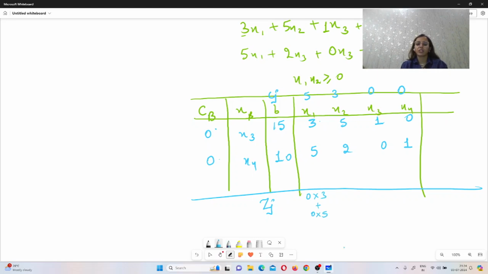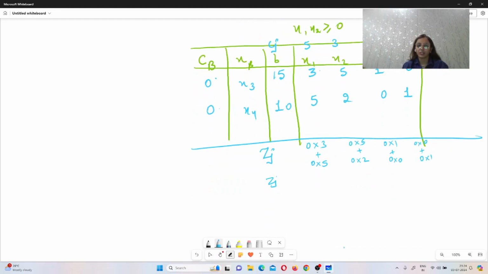Same with CB multiplied with x2: 0 multiplied by 5 plus 0 multiplied by 2. In the next one, 0 multiplied by 1 plus 0 multiplied by 0. In the next one, 0 multiplied by 0 plus 0 multiplied by 1. So what we calculate with the help of this Zj is that the value of Zj over here is 0, and that will again be 0, 0, 0.